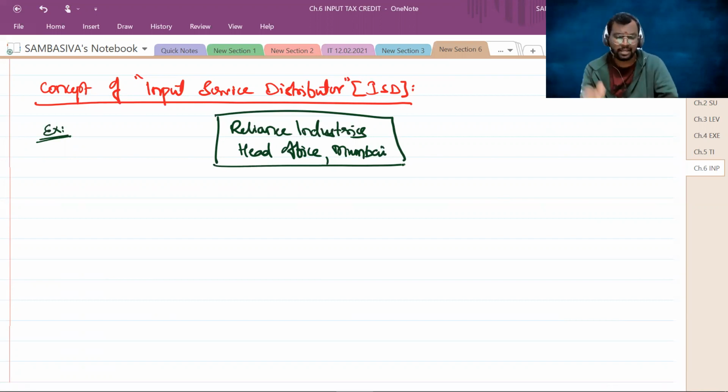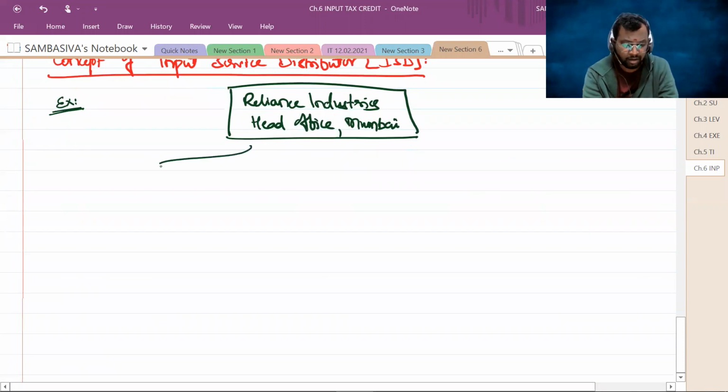But for simplicity, let me take only 4 branches. Branch number 1 is in Hyderabad.